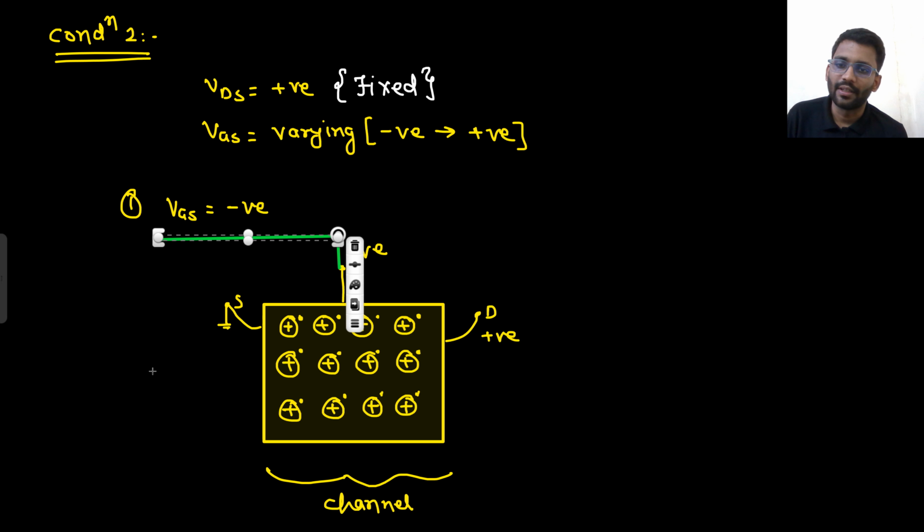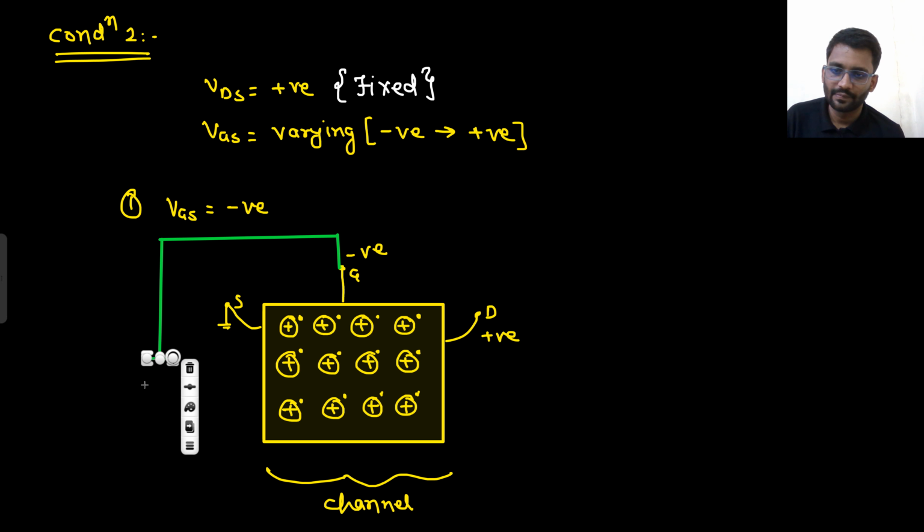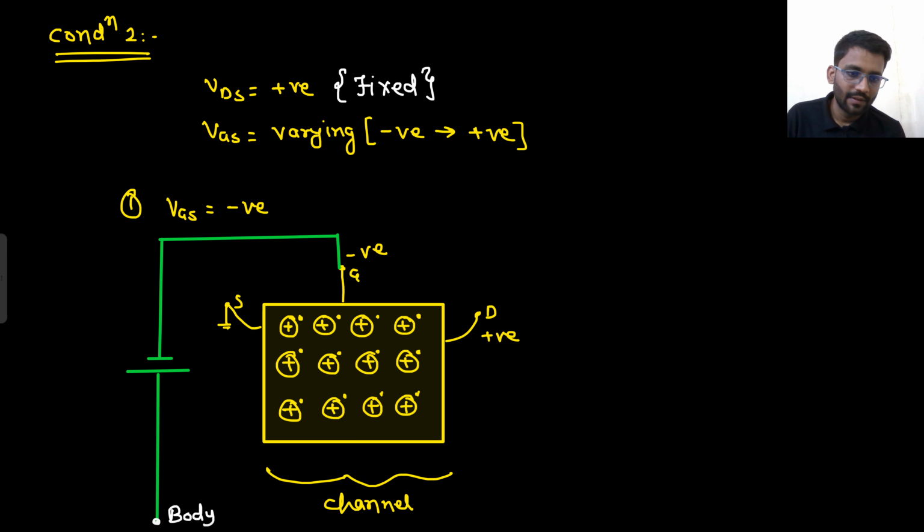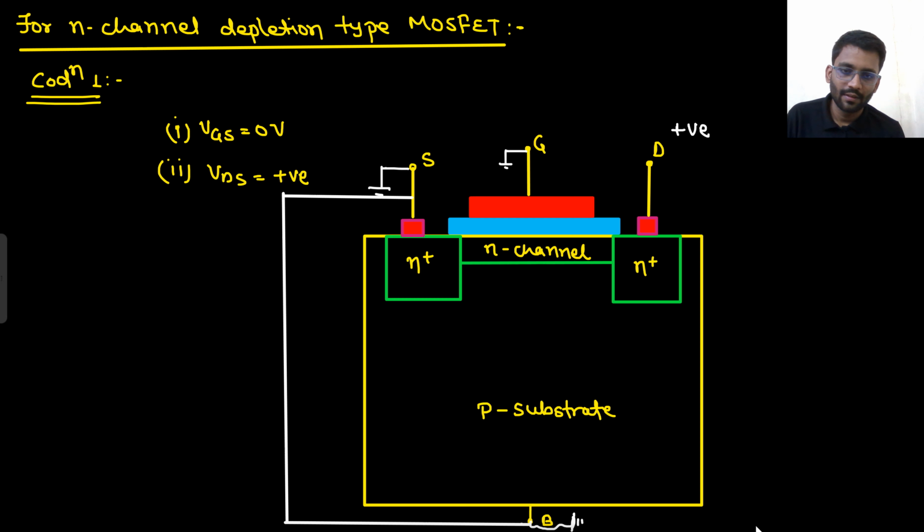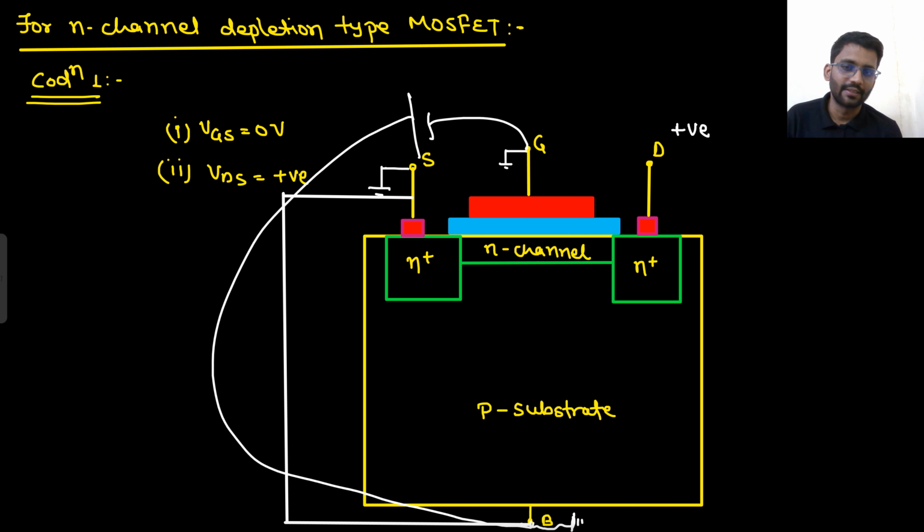That means I can make a battery something like this. Now where will this node go? This node will go to the body. I am connecting the supply like this. Understood?